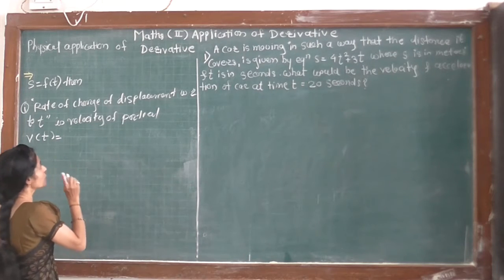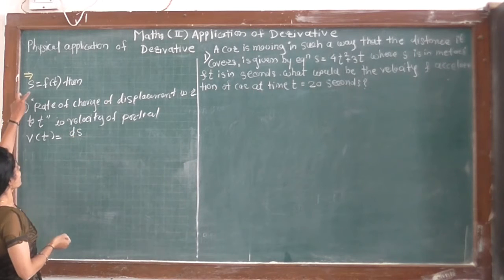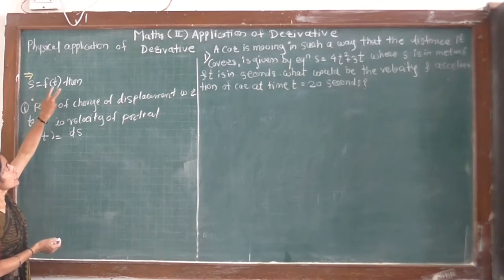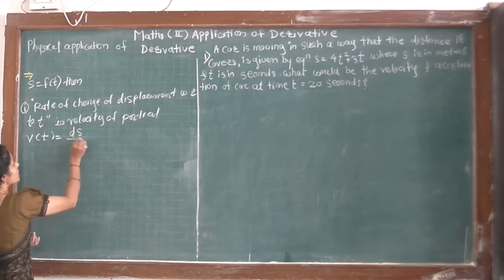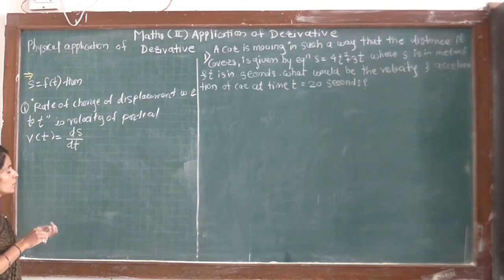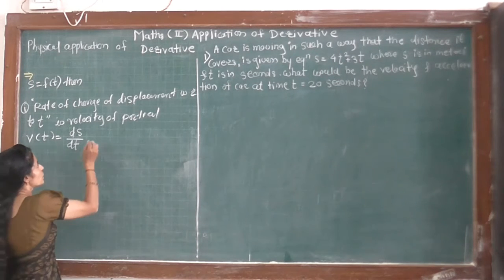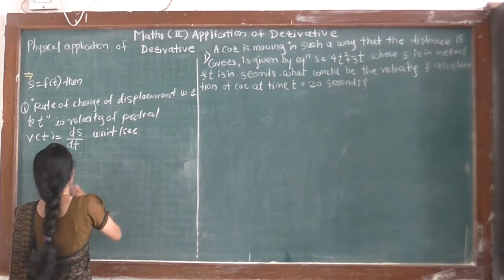This is nothing but the first order derivative of displacement s, where s is the function of t and this is the displacement of any particle. So velocity is nothing but ds by dt. Now what about its unit? Distance is unidimensional, so its unit should be unit per second.